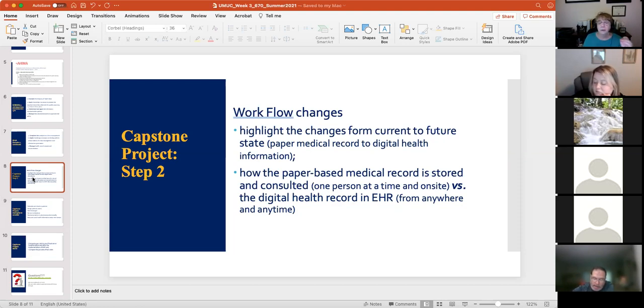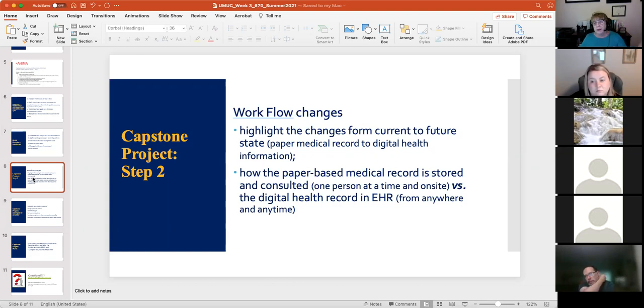Just as a point in time, paper-based medical records must be stored in a file folder, which will then be put into a lockable filing cabinet, which needs to be in a temperature controlled locked room.